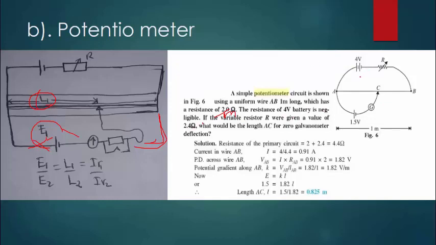Okay, if the variable resistor R is given the value of 2.4 ohms, what will be the length of AC for zero galvanometer deflection? Kwenye balance point utakiwa upate length kiasi gani hapa? Okay, it might not use this principle, ni just a warm up question kuona galvanometer inavyofanya kazi na yenyewe.